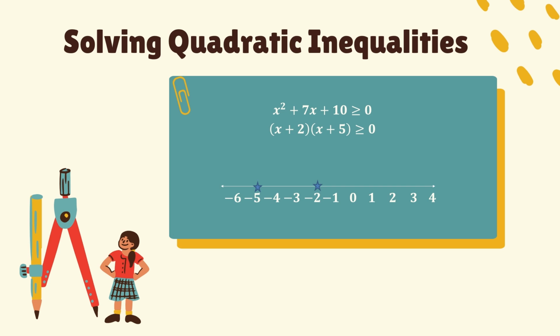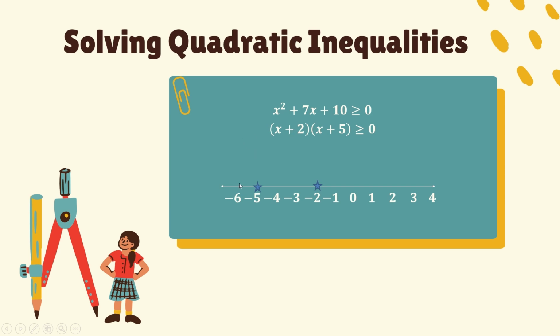Okay, so by putting the dots at negative 5 and negative 2, the number line is divided into 3 regions. First is less than negative 5, the second is between negative 5 and negative 2, and the third is greater than negative 2. So to know which region is the solution of this inequality, we have to substitute a value from each region into the inequality.